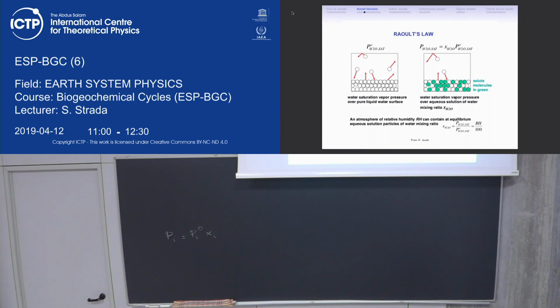Here we are looking at this law for water vapor, and we imagine two conditions. One is water vapor over a surface of pure liquid water, and the other is water vapor over a surface where we have a solution with a solute, which in this case are these green molecules.